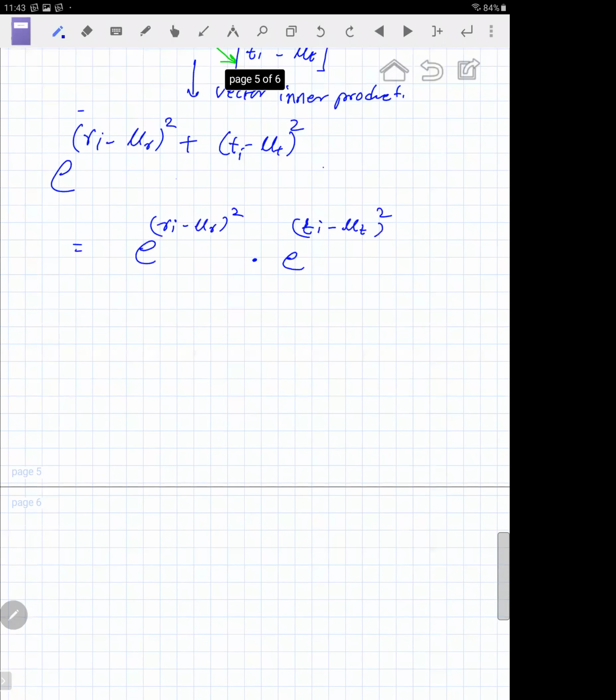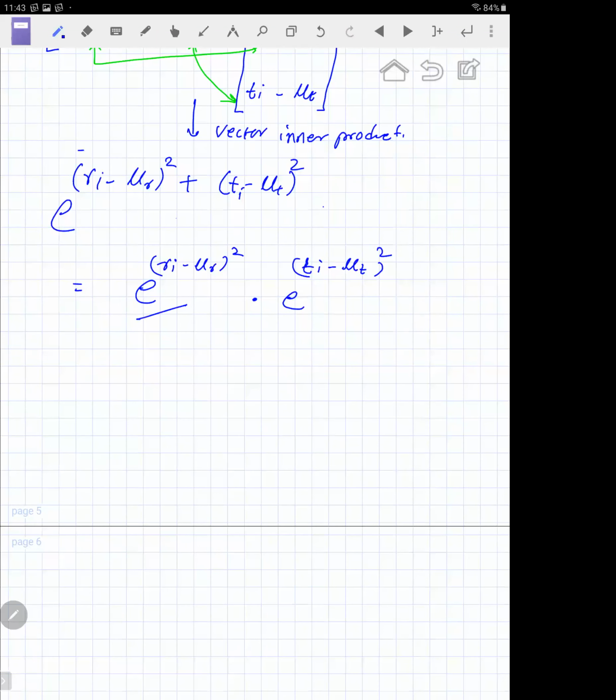Mu T square, right? What is this? This is the probability of R given city equal to A multiplied by the probability of T given city equal to A, right? I'm discounting the 1 over constant factor over here.